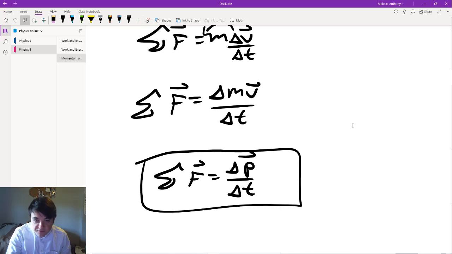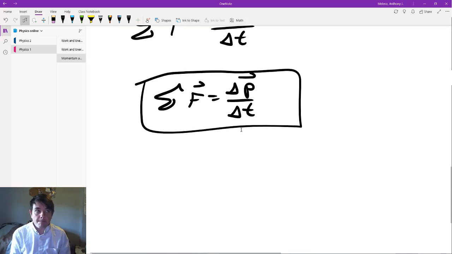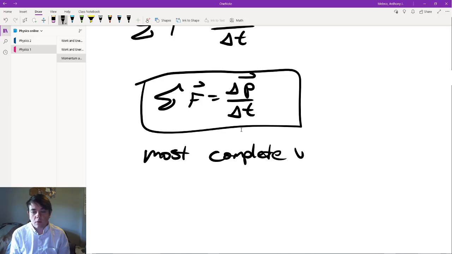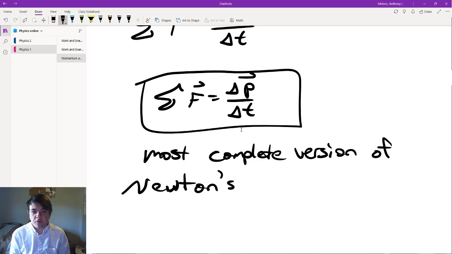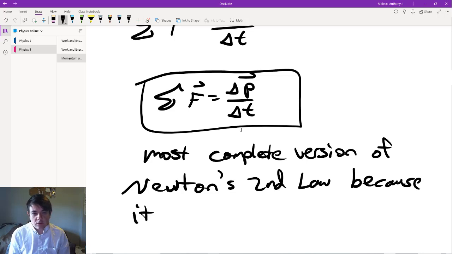This is the best version of Newton's second law, the most complete version, because it allows mass to vary.